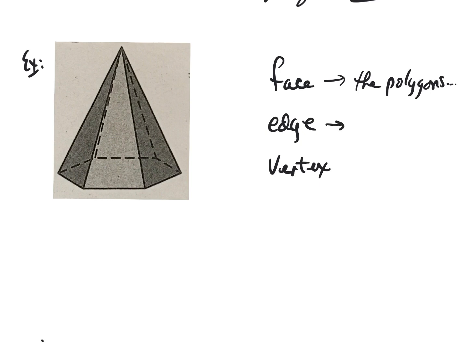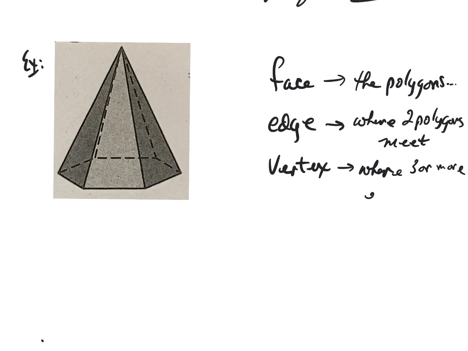An edge is where 2 polygons, that's bad handwriting, where 2 polygons meet. And then a vertex is where 3 or more edges meet. Where 3 or more edges meet.